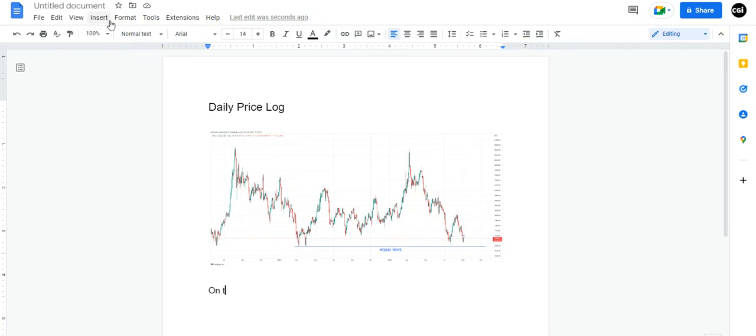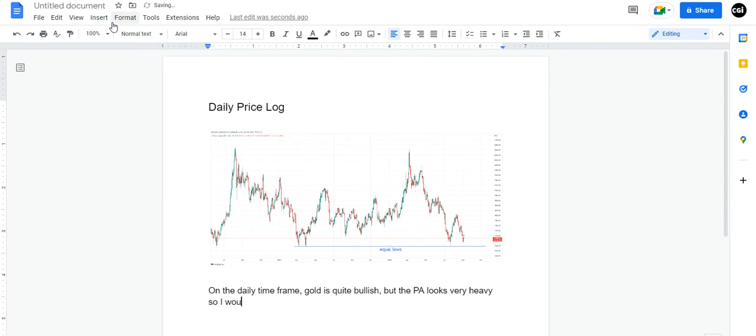So on the daily time frame, gold is quite bullish actually, but the price action looks very heavy.